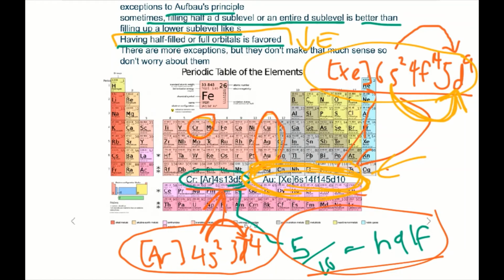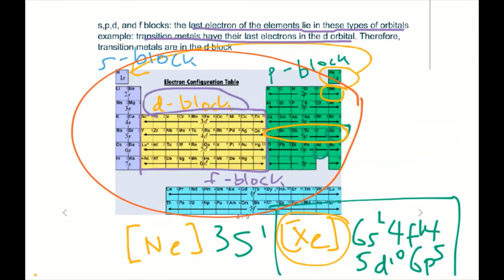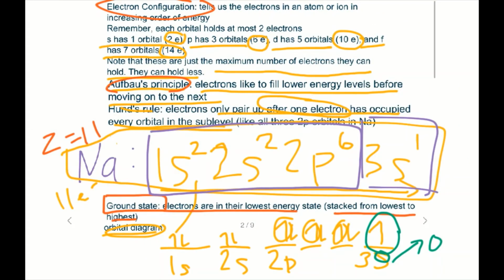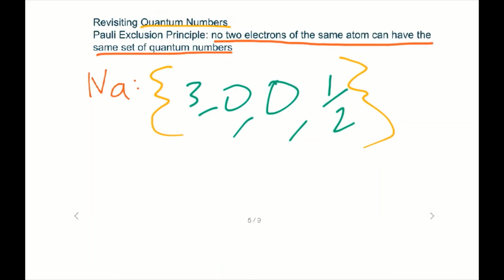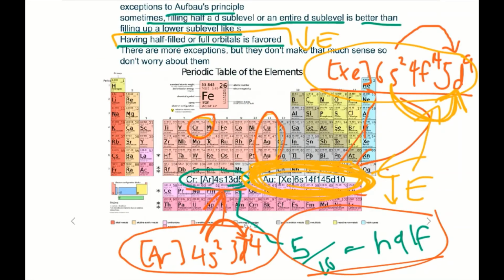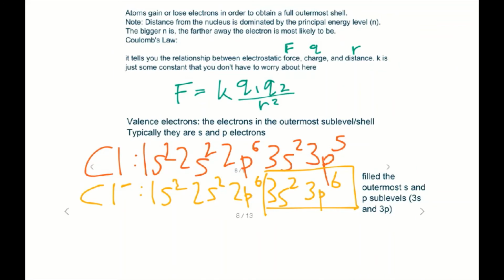And for this reason, this electron configuration here actually has a lower energy than the one over there. And remember, ground state just describes the electrons in their lowest energy state, and since this is in its lowest energy state, since filling up the d shell makes it stable, then this is the ground state. So now let's move on to a new topic.